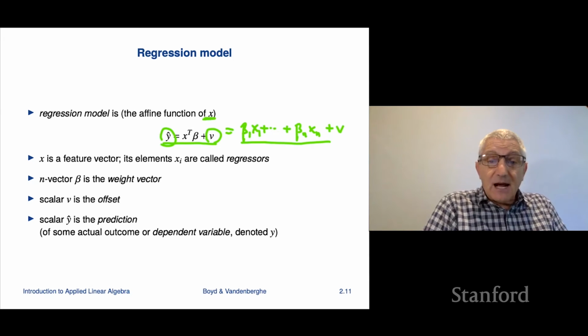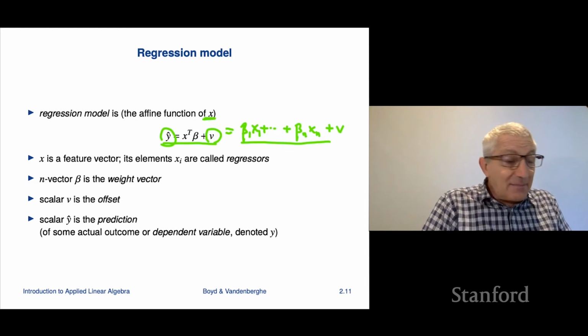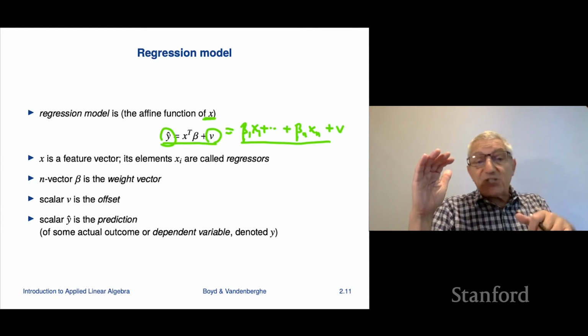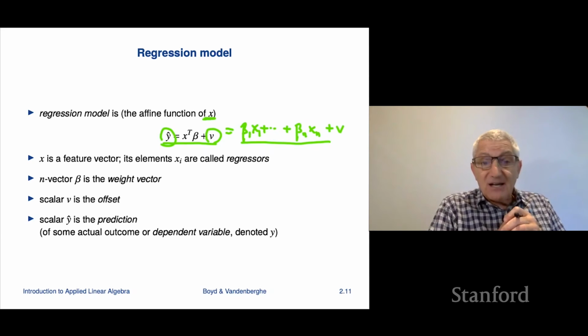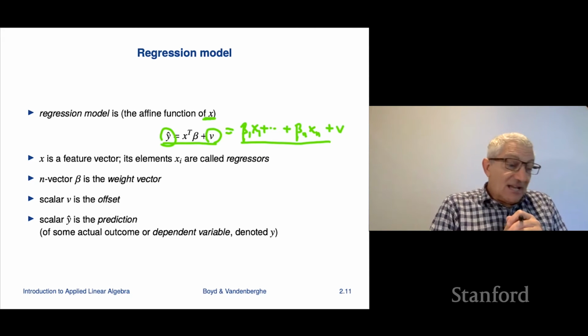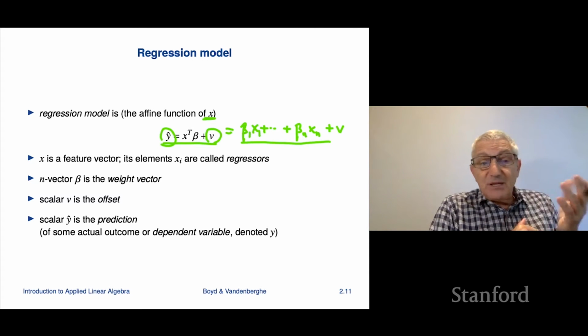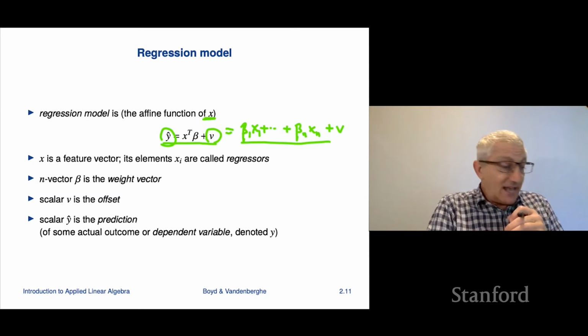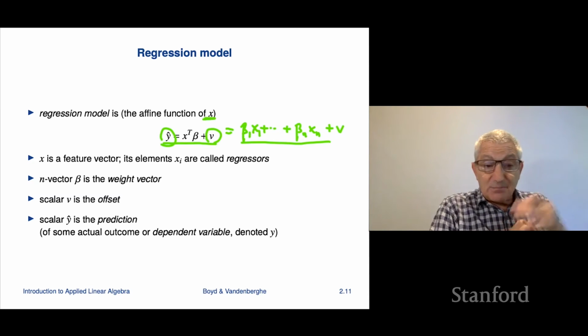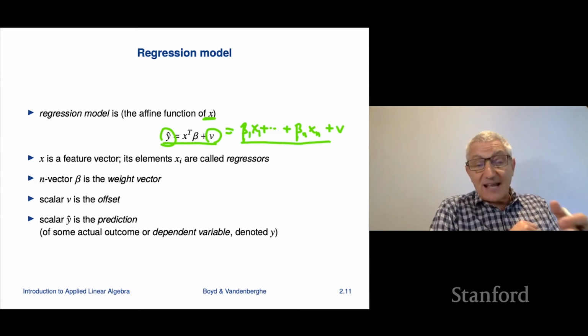So that's the idea. If a beta is, for example, negative, that means that when that feature goes up, your prediction goes down. Okay, so for example, a feature could be, here's a feature, ready? It's x7, and it says, is this person a heavy smoker? 1 is yes, 0 means not a heavy smoker.